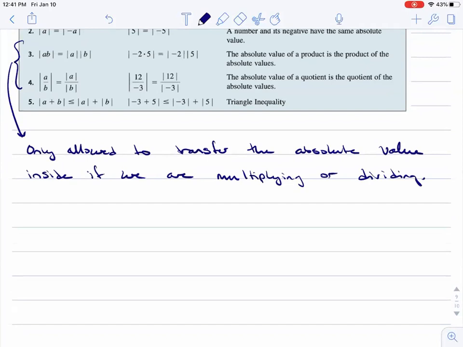It depends on A and B, because if it's 3 plus -2, then it's not going to be the same.